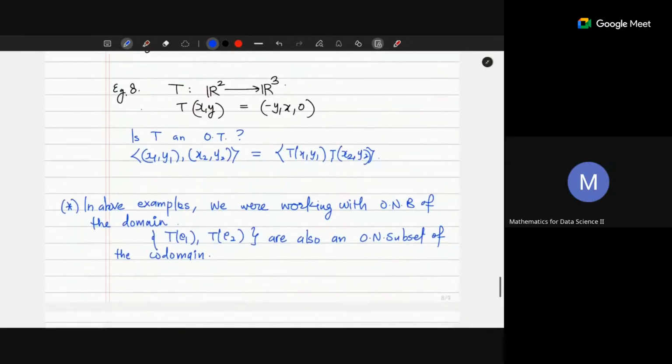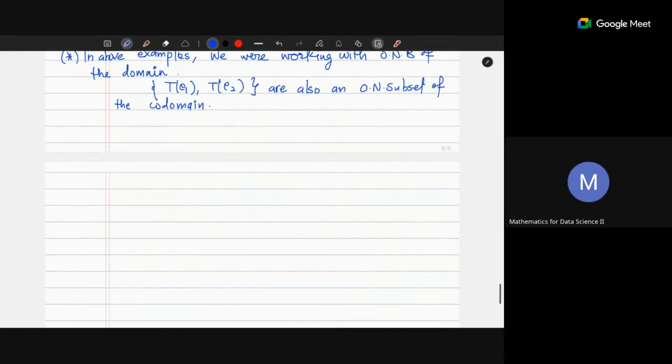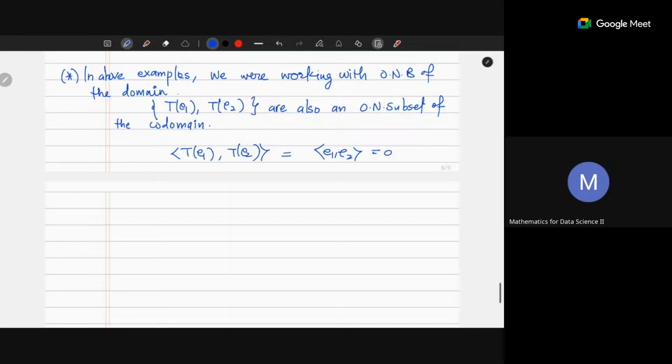But the main point is, if you want to find out that they are orthonormal, what do you need to do? You need to check their inner product, right? And their inner product is equal to the inner product of E1, E2, which is 0 because E1, E2 was an orthonormal basis.